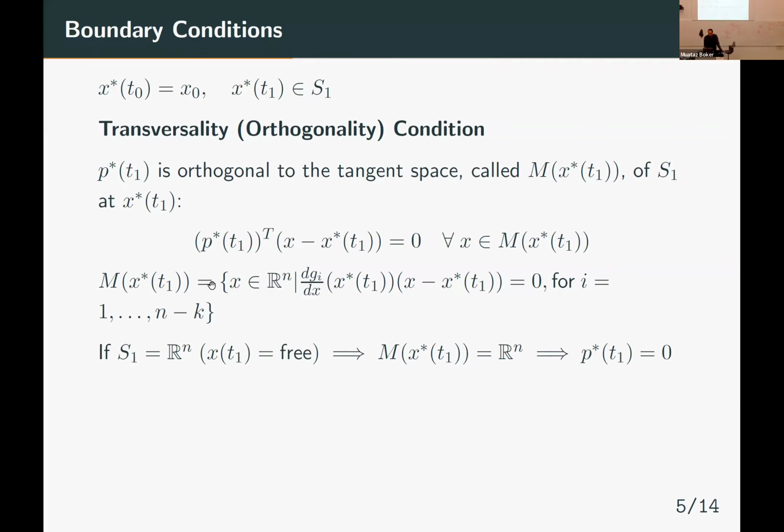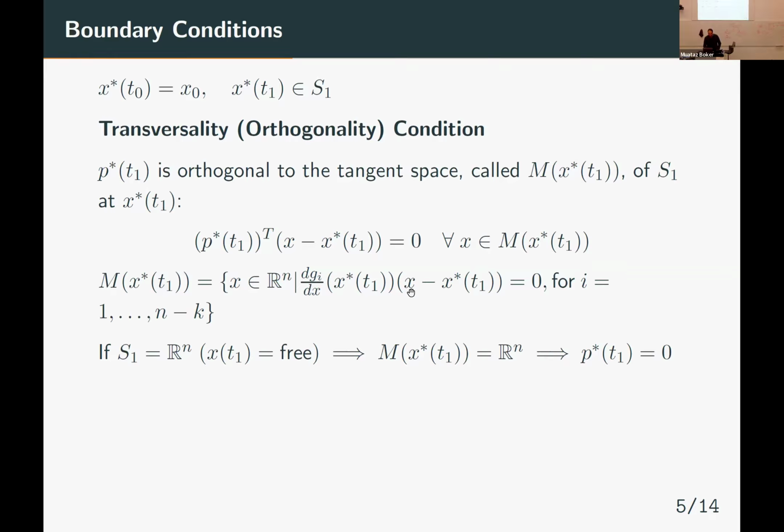We call it M here, x minus x star of t1. Remember, this is a vector and this is a vector. If you take the transpose of that, this is a dot product times this surface, and that's equal to 0. That's the definition of orthogonal if you have two vectors that are orthogonal to each other. So we require p of t1 to be orthogonal to this surface here.